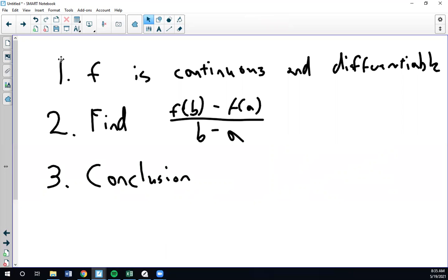So your conclusion should say, therefore, by the mean value theorem, there must exist at least one point where f prime is this value. Usually you'll know what to write because it'll ask it in the question. You'll see what I mean in just a minute.